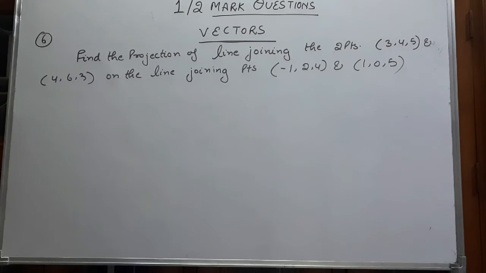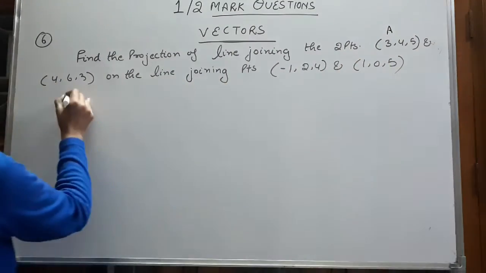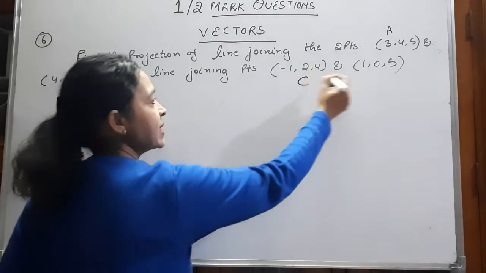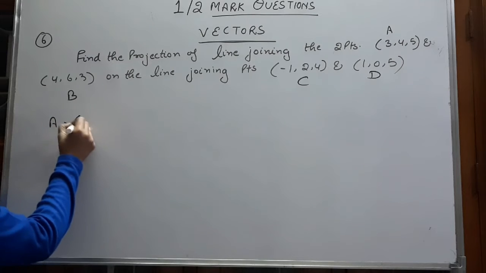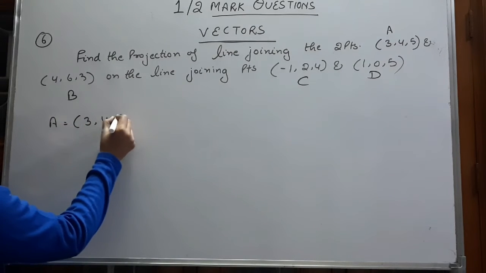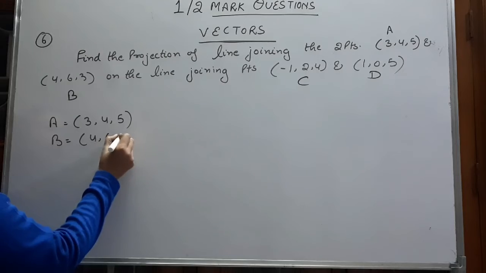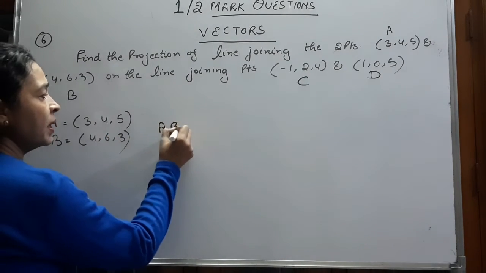Find the projection of the line joining 2 points, let this be point A and this be point B, on the line joining another 2 points, let C and D. We have point A as 3, 4 and 5 and point B as 4, 6 and 3. The line joining points A and B will be vector AB.